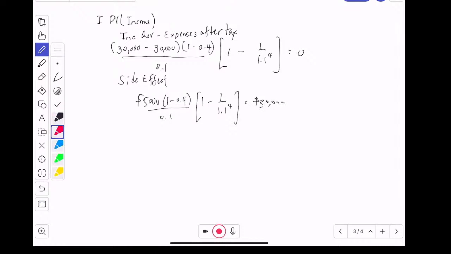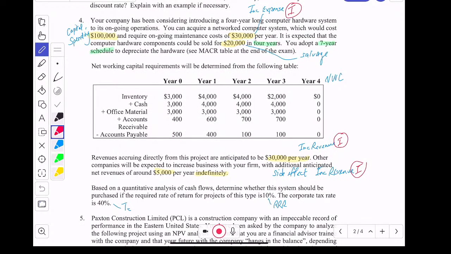Second, let's look at investment. Let's go back and identify what is part of investment.